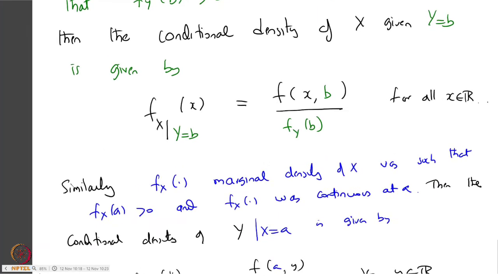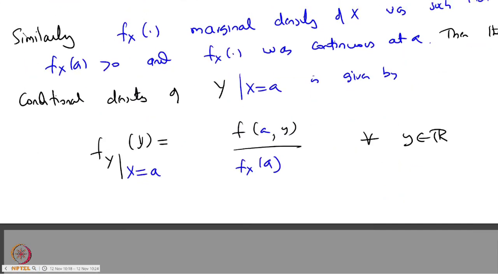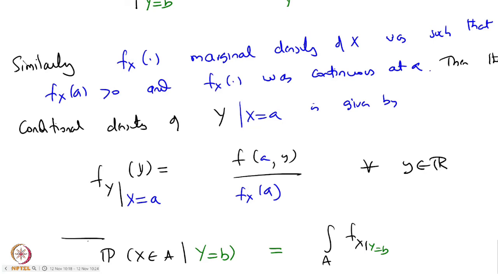And once you have these two things, it's easy to see the following. Last line, and I'll stop: the probability that x is in an event A, given y equal to b, will just be the integral over the set A of the conditional density f of x given y equal to b at the point x, dx.